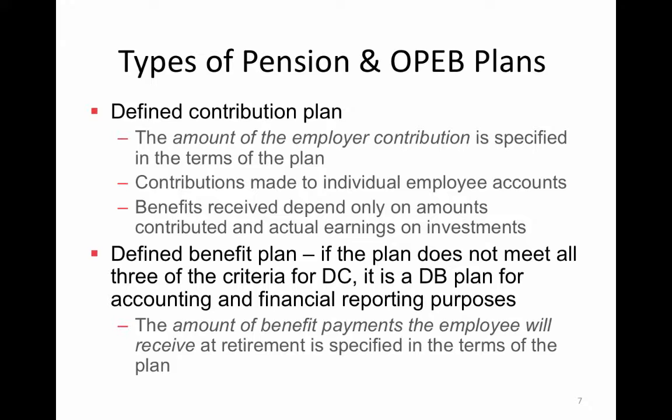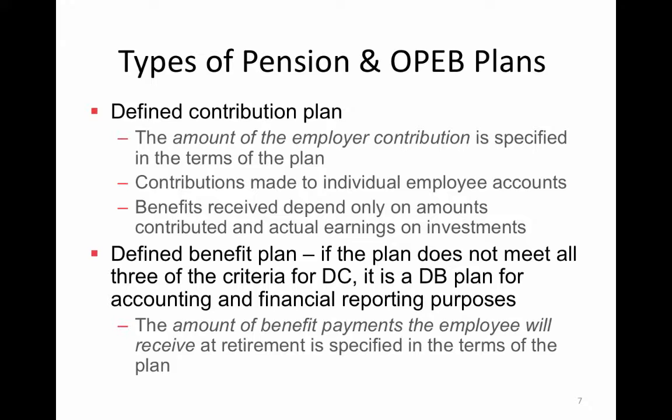But what we're essentially talking about here is a plan where the employer has promised a certain amount of benefit to be received in the future, and this is when you see pre-funding, where they try to put aside enough money in order to ensure that there will be sufficient money in the plan when the benefit payments come due, based upon assumptions about how long people are going to work, how long they're going to live, how much they're going to earn while they're working, and so on.